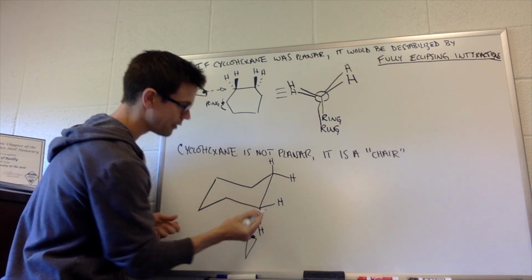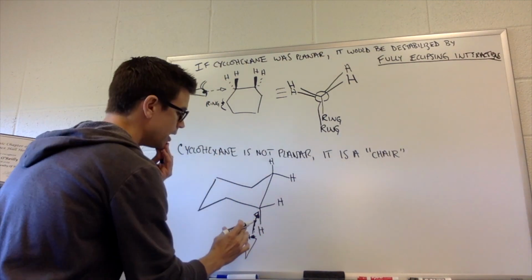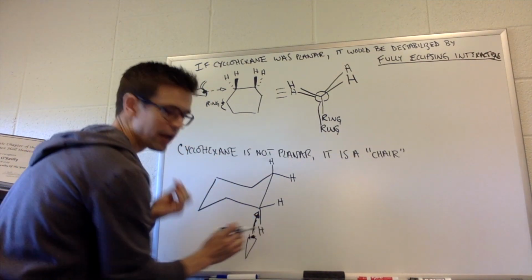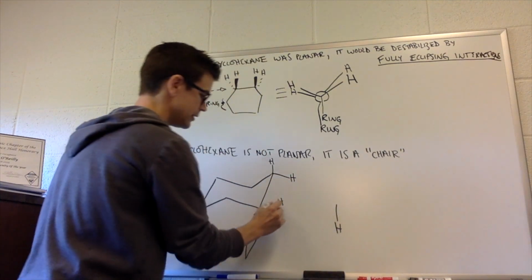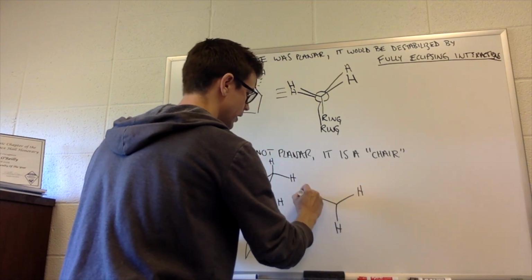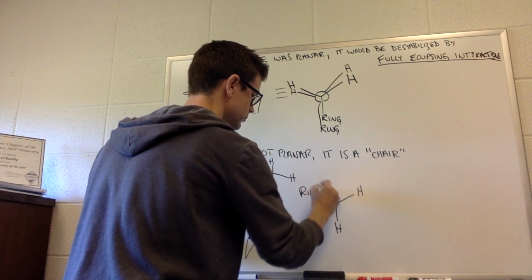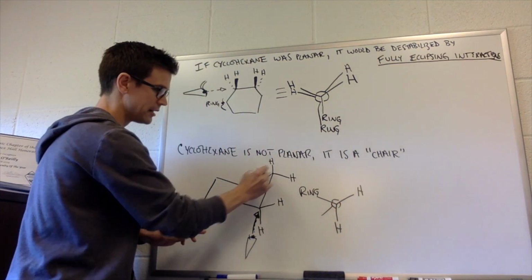But when we look down this angle, what we see is that, again, my chin would be near that hydrogen there. So we're going to put that hydrogen going down. This hydrogen's off to the right. And then the ring is over here. On the back side, this one's going down.